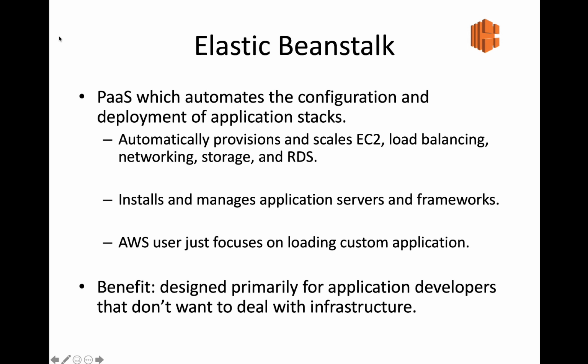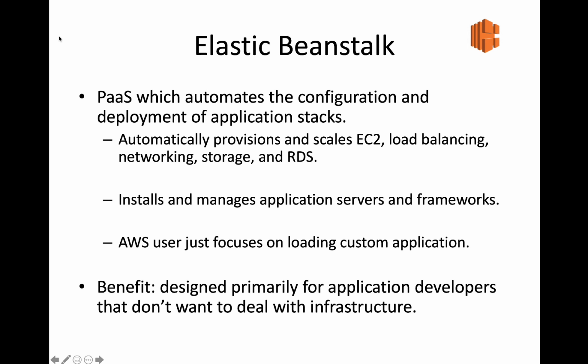That's where you can launch infrastructure components like VPCs and EC2 instances, elastic load balancers, and so on. And you are responsible for selecting the operating system, configuring the OS, maintaining security patches, installing your application, and so on. Then there was platform as a service.